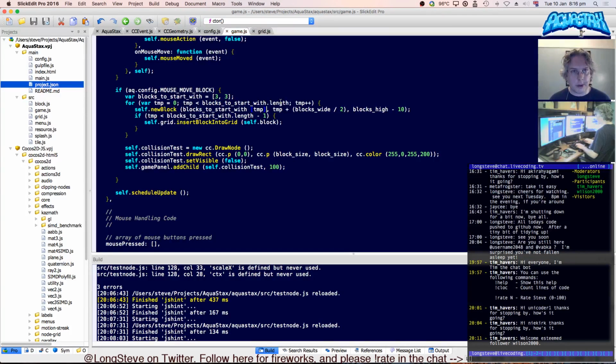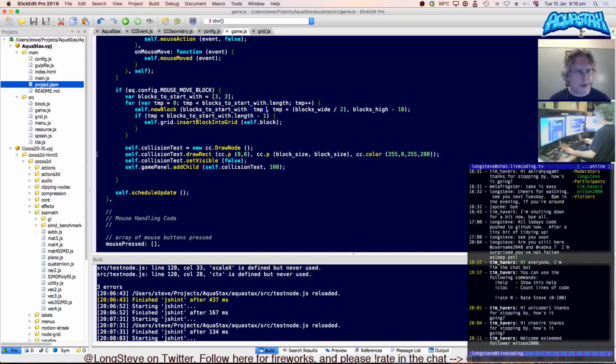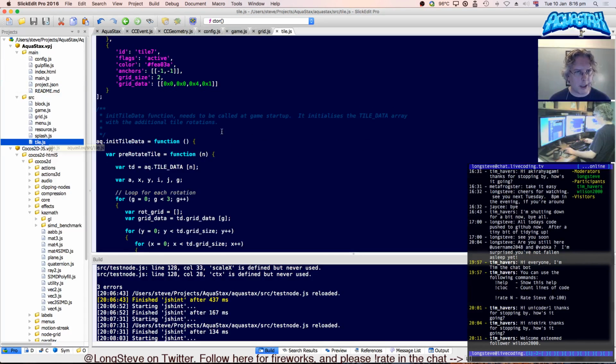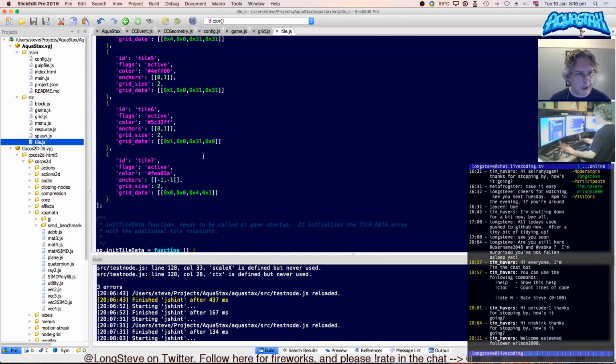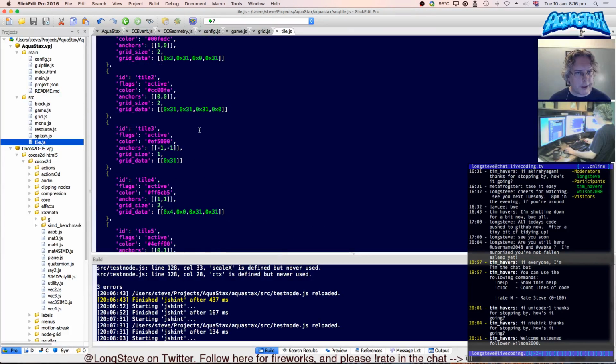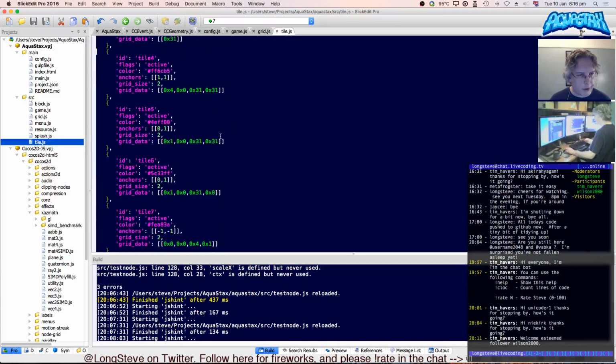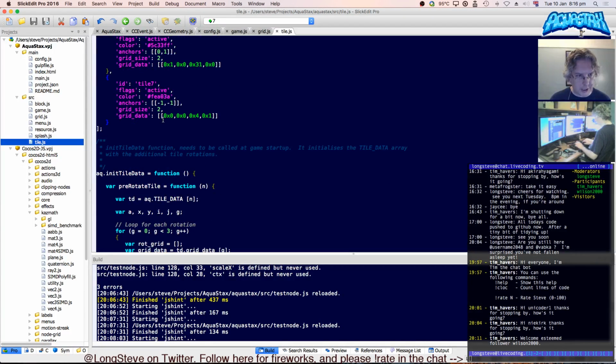That ought to give me exactly the same thing. Excellent, right. And now I want a new block, just a temporary one, or a new tile, that will let me have a triangle in it. So here, tile 3, this is my single square. So I'm going to borrow this and make a tile 8.